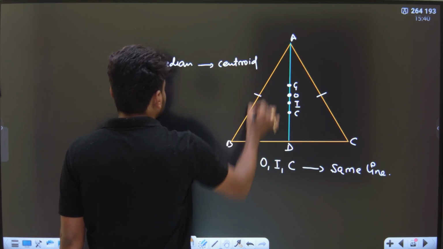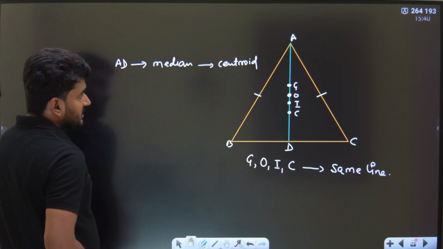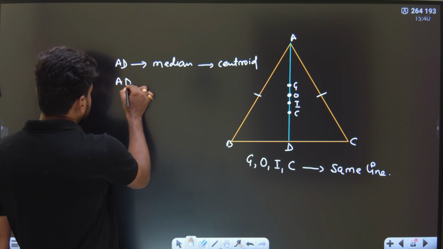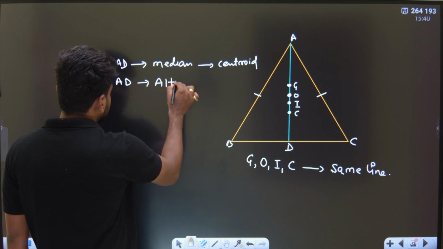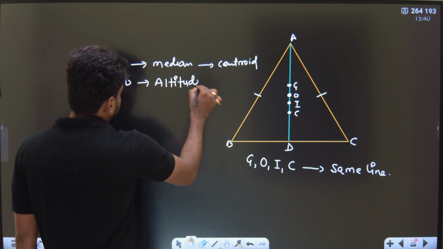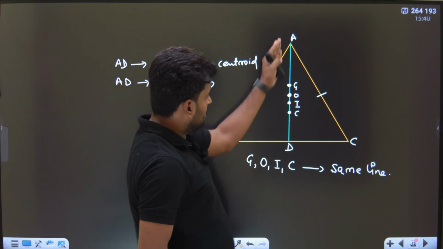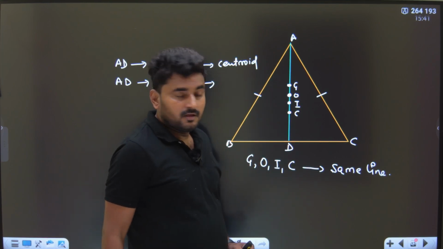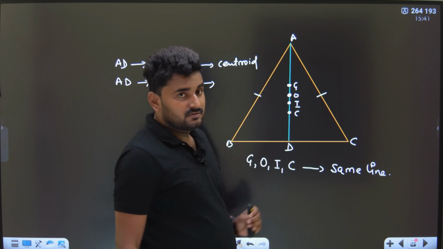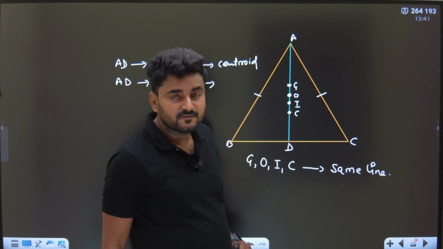Understand? Now suppose AD is the altitude. If AD is the altitude, in this case the orthocenter will lie on the altitude.